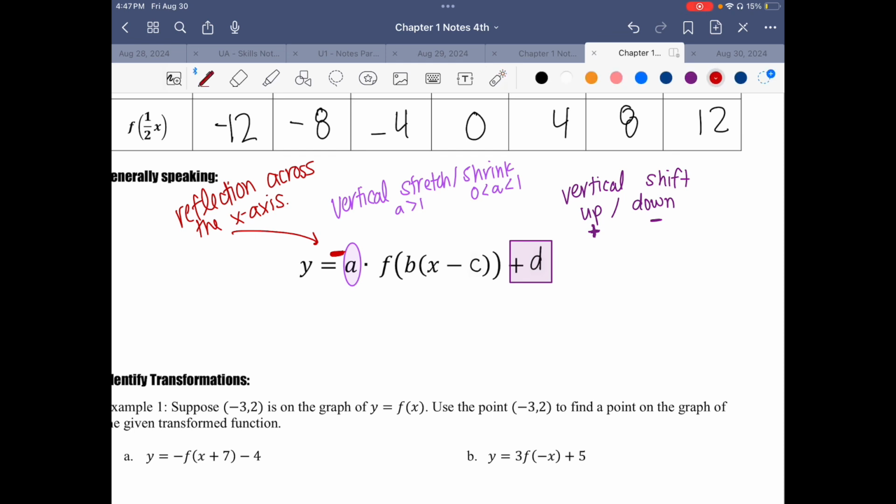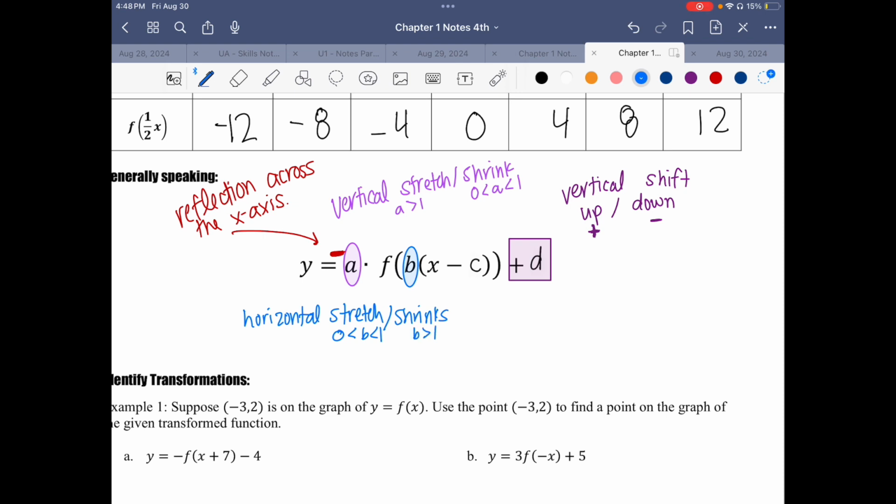And then we also have our B's and our C's in here. So the B value, similarly to A, does horizontal stretches and shrinks. And it is a stretch when B is between 0 and 1, meaning it's a fraction or not quite 1, and it shrinks when B is greater than 1.